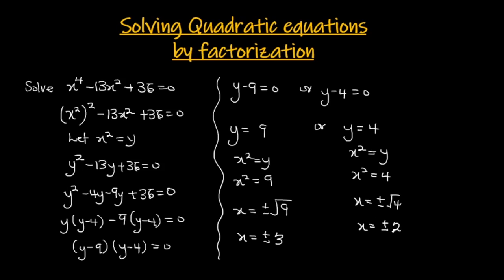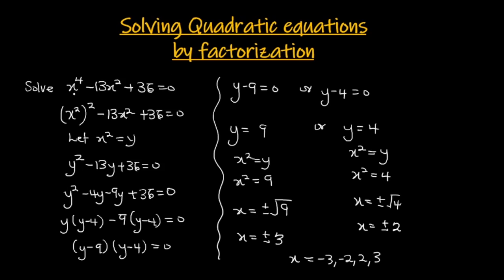So whether you square positive 2 or you square negative 2, you are going to get 4. So our answer now, the values of x, is either equal to negative 3, negative 2, positive 2, or positive 3. So these are the 4 values that will make this entire equation equal to 0.